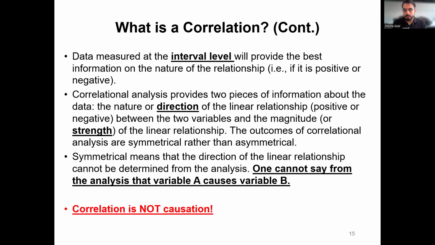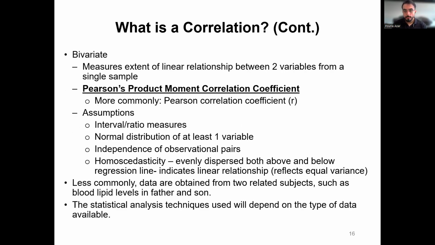So from the correlation analysis, we get two important pieces of information: the direction, whether it is a positive or negative relationship, and also the strength or magnitude, whether it's a weak, moderate, or strong correlation between two variables.